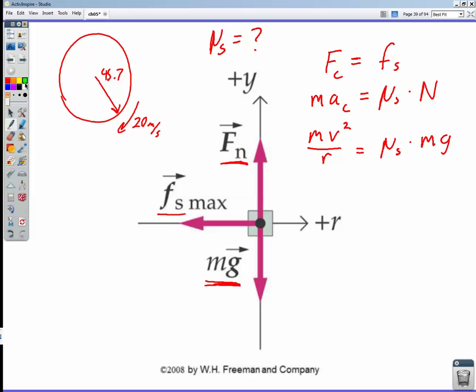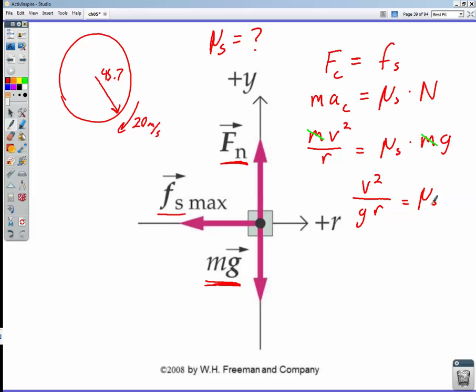Conveniently, the masses cancel out because we didn't give a mass. We solve for the coefficient of static friction by dividing both sides by g, so v squared over gr is equal to the coefficient of static friction.